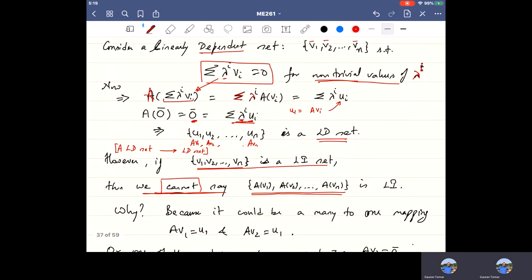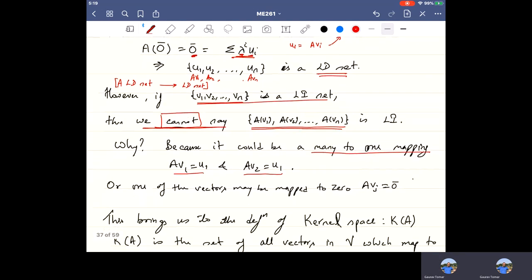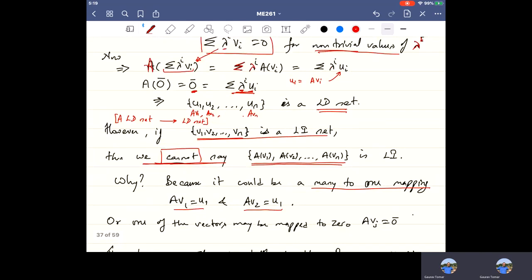The reason is that the mapping could be a many to one mapping. That means more than one vector gets mapped to the same vector in U. So Av1, let's say, is u, then Av2 is also u. In that case, the final set that you will get, u1 to un, can be linearly dependent. Now, it's also possible that one of the vectors is getting mapped to 0.